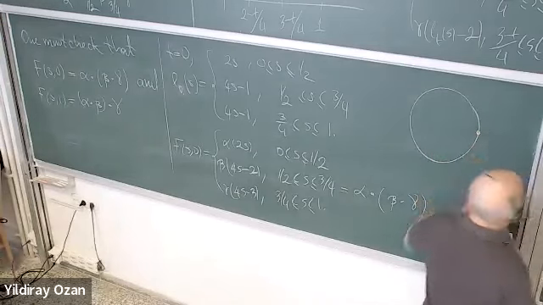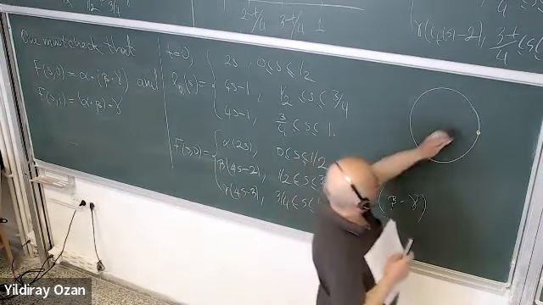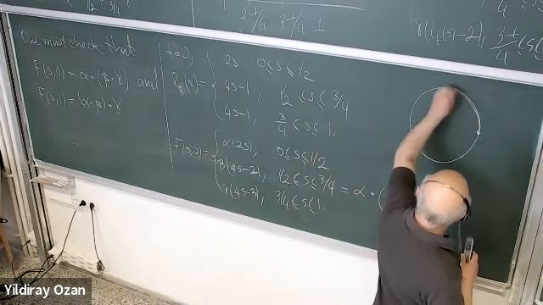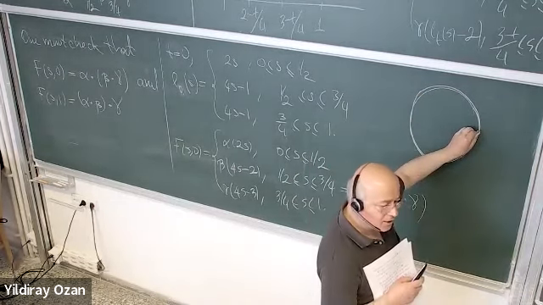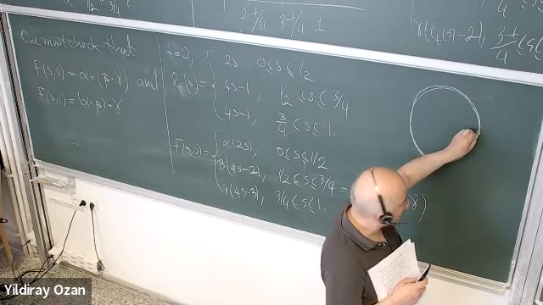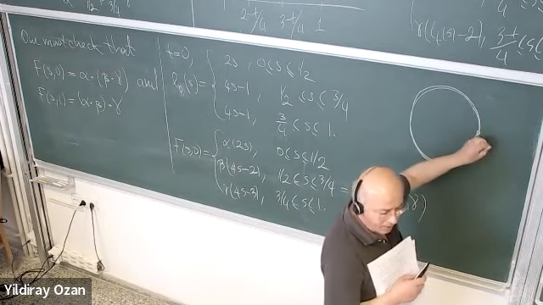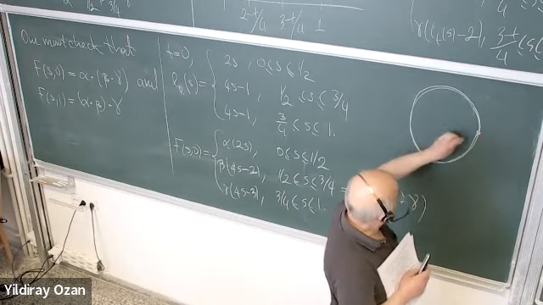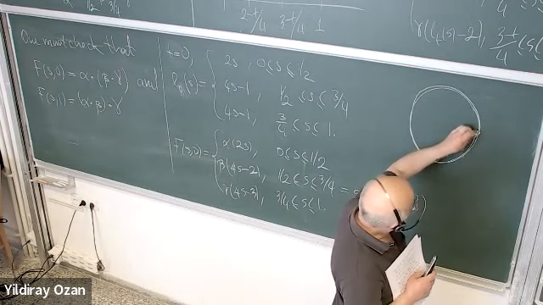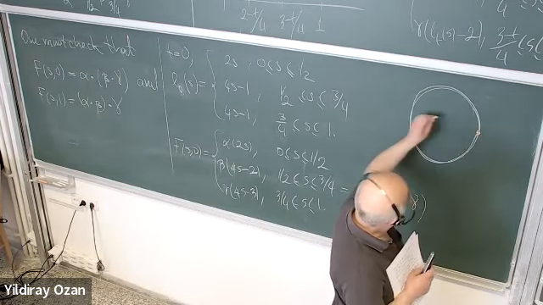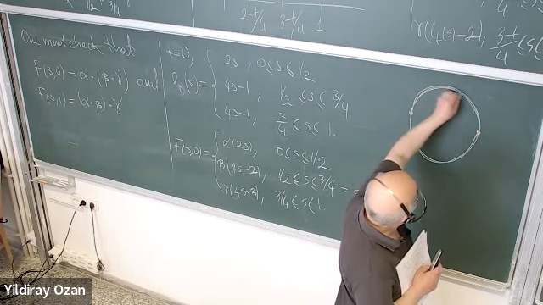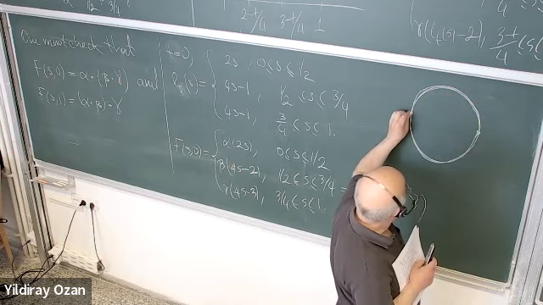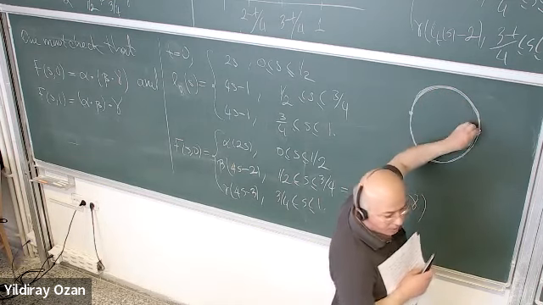Suppose you have this, and consider this path. You think that I can just slowly take this path and homotope it to the constant path. But every point, you use this path to trace this point back here.